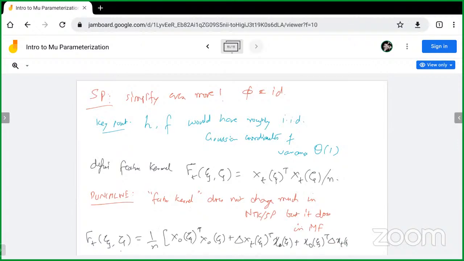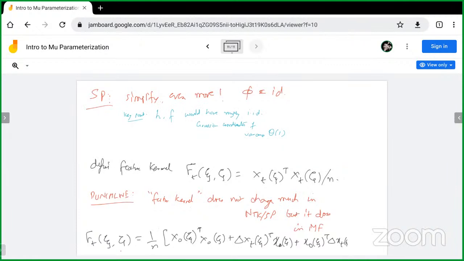Sorry, I'm not very good at writing on the board. Should I shrink this a bit? Does it have the feature?